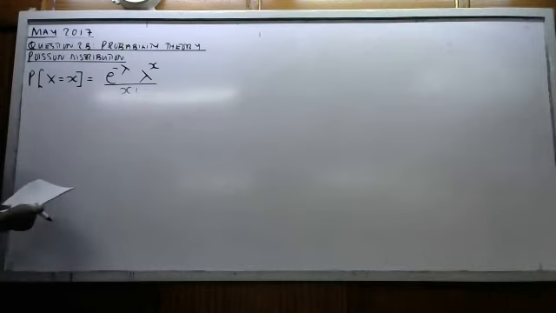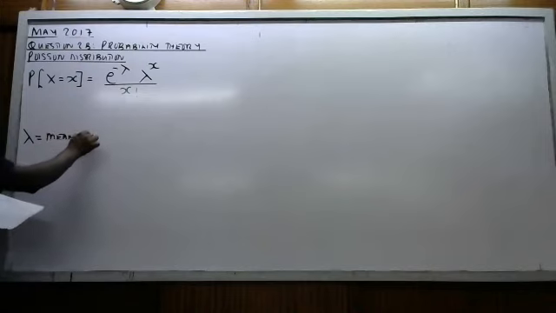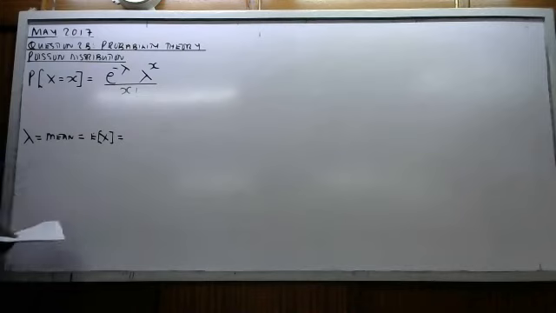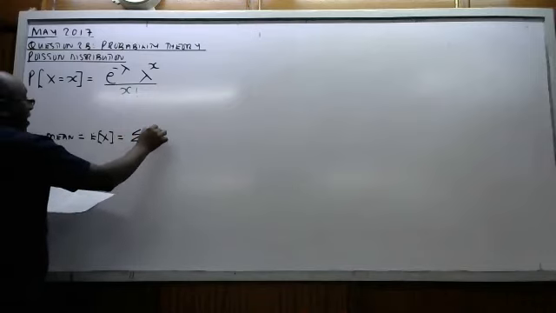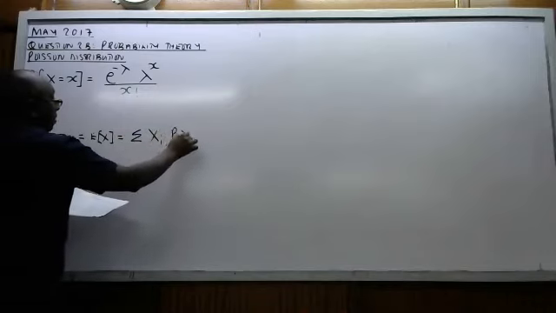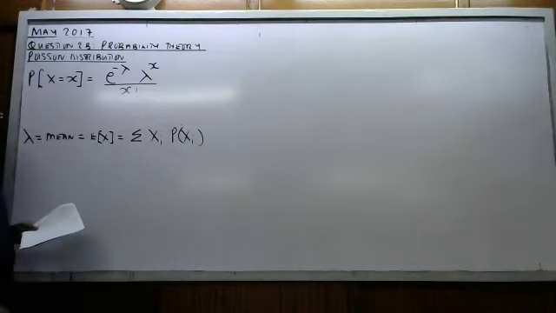So remember, lambda represents the mean. And the mean is what we call x bar, given as the sum of the xi's multiplied by the probability of xi.